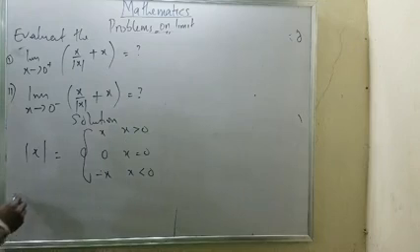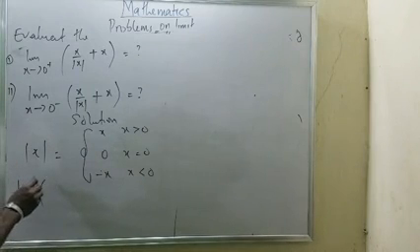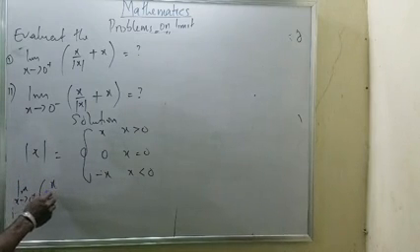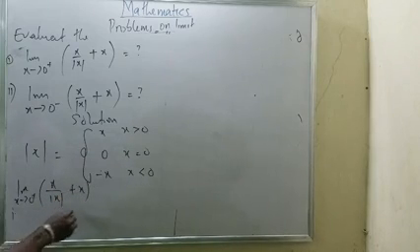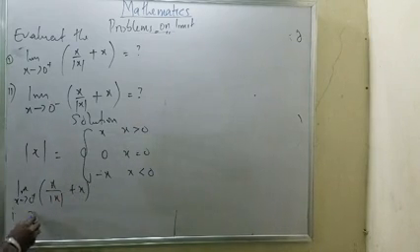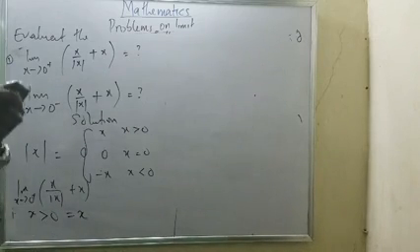Now, I will continue by taking the limit as x tends to 0 positive. It will be x all over the absolute value of x plus x. Since x is greater than 0, the absolute value of x is also x.